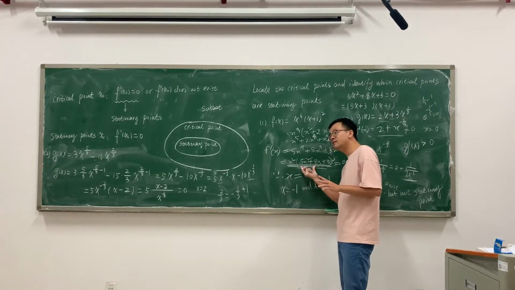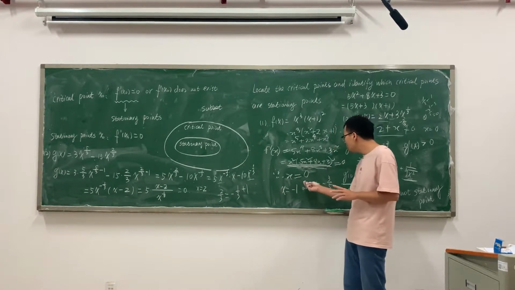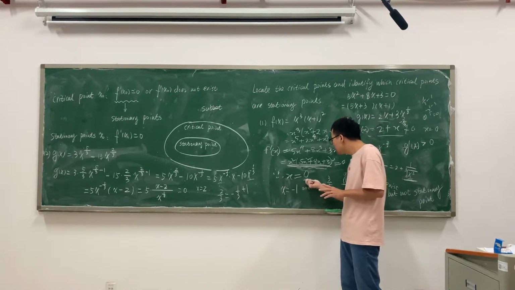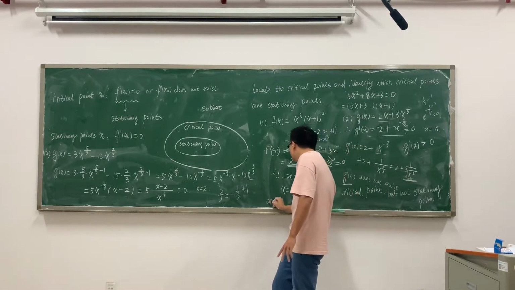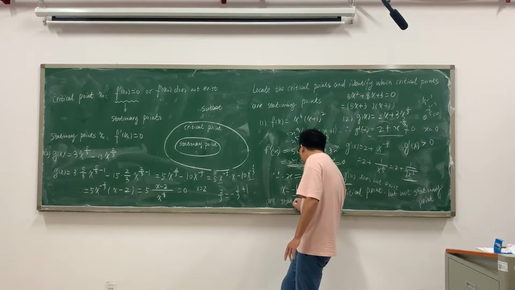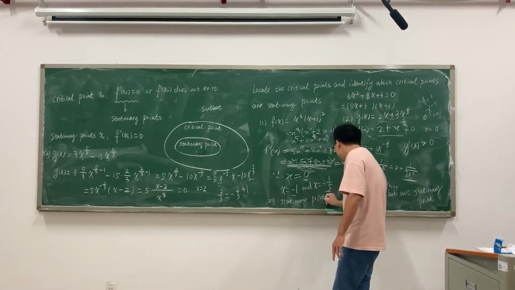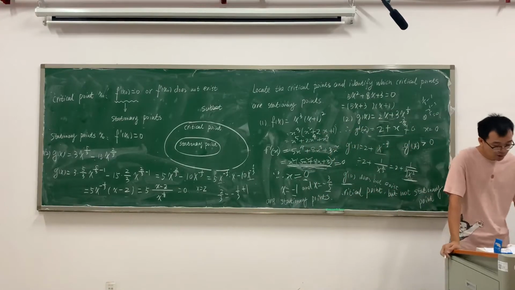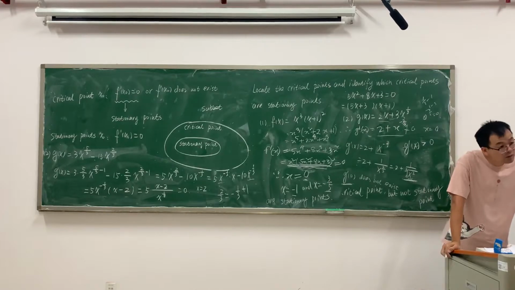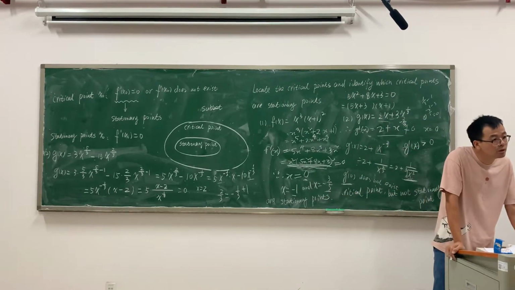We let it equal to 0, so 0, minus 1 and minus 3 over 5 are stationary points. Of course, stationary points are critical points.